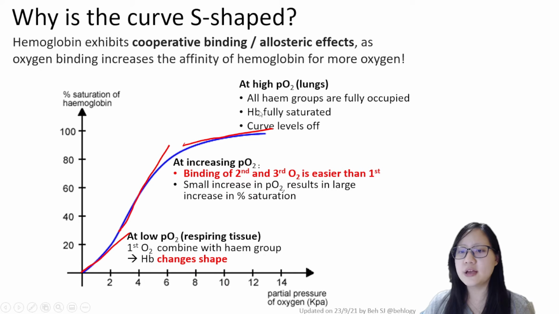And at this point, when it finally binds, hemoglobin is fully saturated, so the curve levels off as well. So yeah, this S shape is basically, again, due to cooperative binding. The second and third molecule of oxygen binds to the hemoglobin easier because the first molecule of oxygen changes the hemoglobin shape.